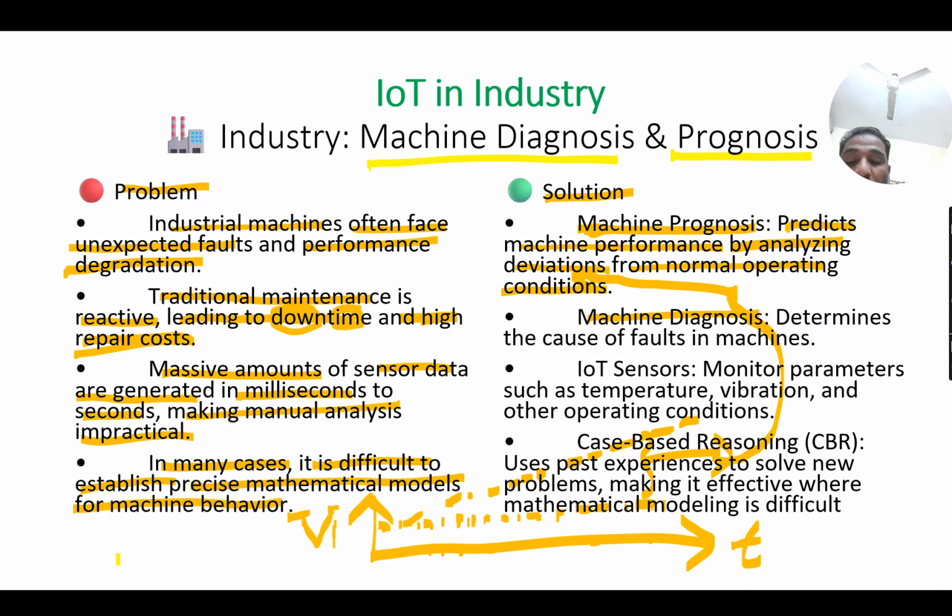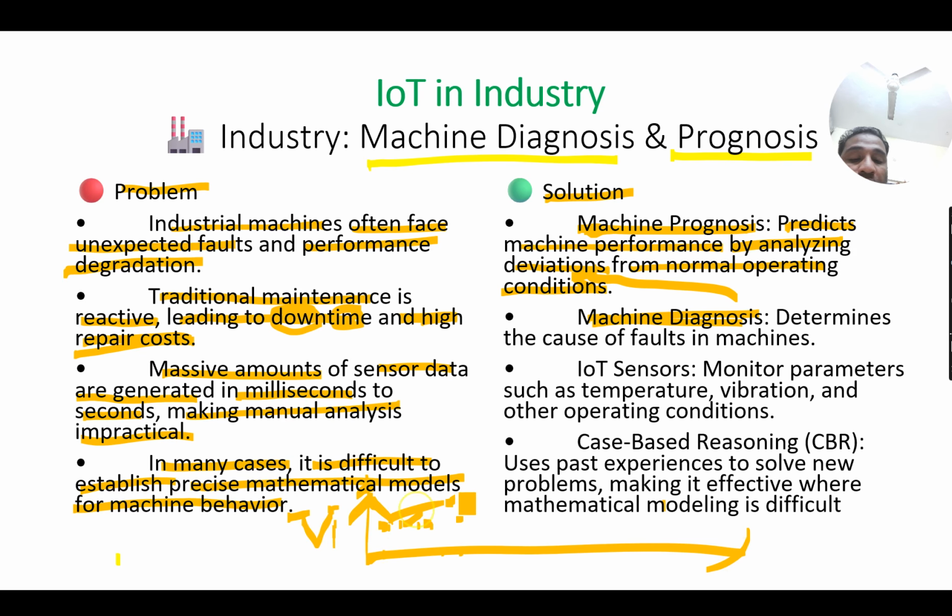Here I have given the example of measuring vibration. We can measure several parameters about the performance of the machine. It could be the temperature of the machine or any other parameter. Now, machine prognosis: once I measure the parameter and it is deviating, I can think that some fault is in the machine, so I can address that issue as early as possible before it breaks down and reduce the downtime.